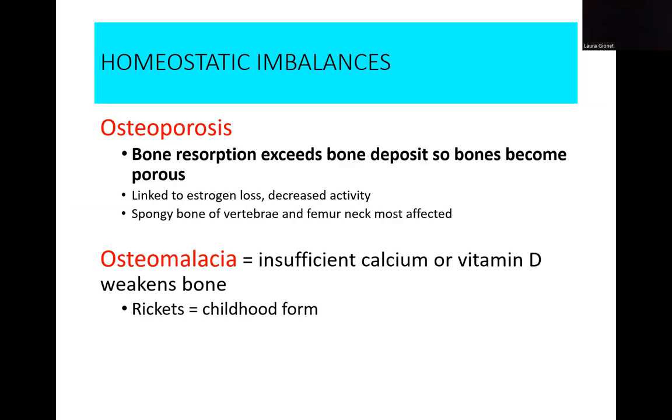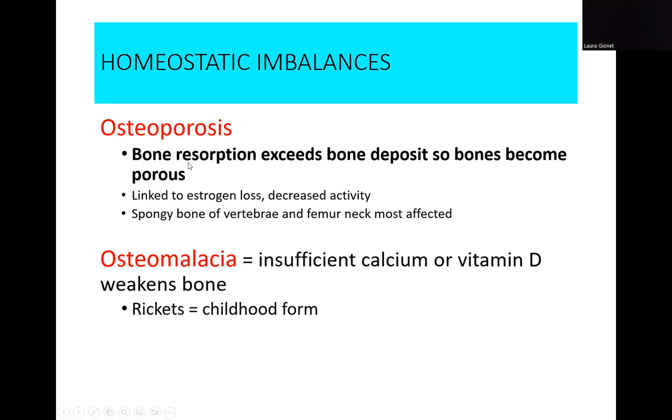So when that hormone is lower than normal and starts to severely diminish, the osteoclasts start to go wild because nothing is inhibiting them and putting a muzzle on them, so to speak, so they start to demineralize that bone. Spongy bone, vertebrae, and femoral necks are most affected because they're very weight bearing, so they're the ones most prone to fracture.